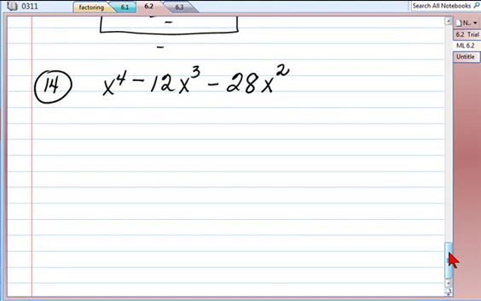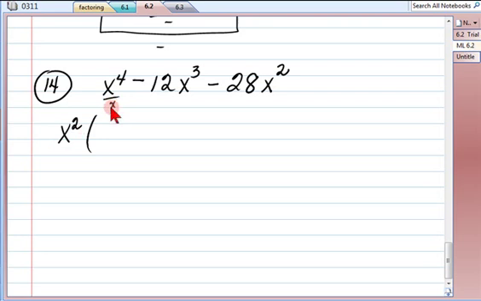What is the first question? Is there a common factor? Yes, x is in all of those. What power of x can I take out? X to the second. You take the low power out. So x to the second is my common factor.